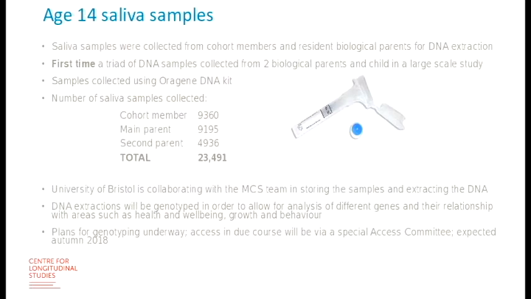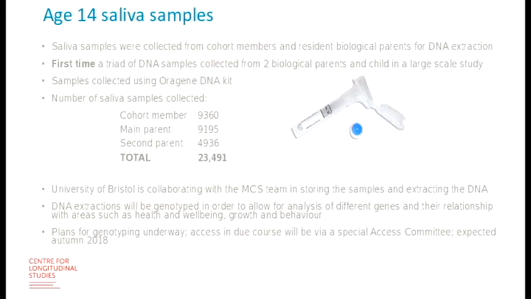So this is the other major element of the age 14 survey, and we're very excited about the saliva samples. They've been collected from the cohort members and biological parents if they were resident. And we believe it's the first time that a triad of DNA samples has been collected from 2 biological parents and child in a large scale study. We've got approximately 23,500 samples which have been collected, over 9,000 from the cohort member, 9,000 from the main parent, and just under 5,000 from the second parent.